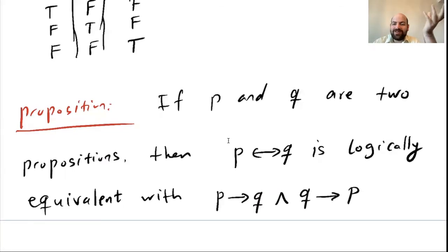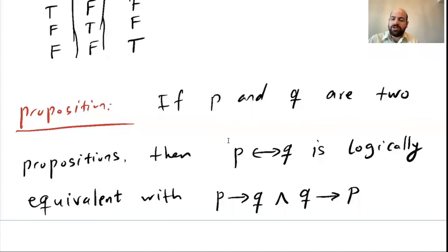See, this is what I described with words, that if and only if will be true if the statement and the converse, both of them are true. So P implies Q is the original statement, Q implies P is the converse. If both of them are true, how can I make sure that two statements are both true? By putting a conjunction between them.